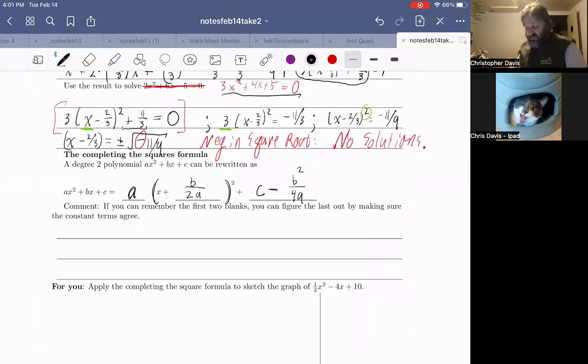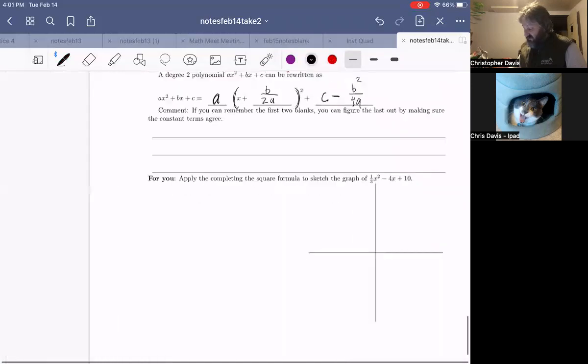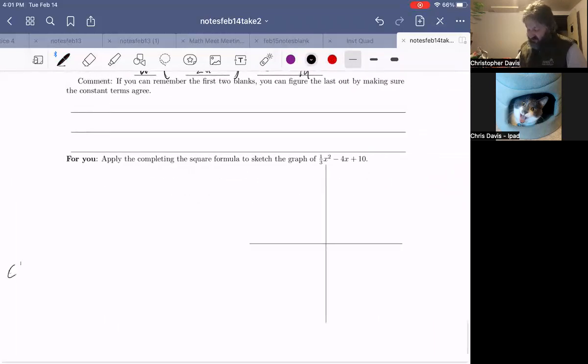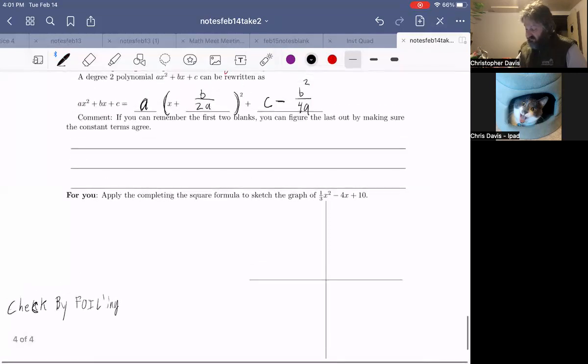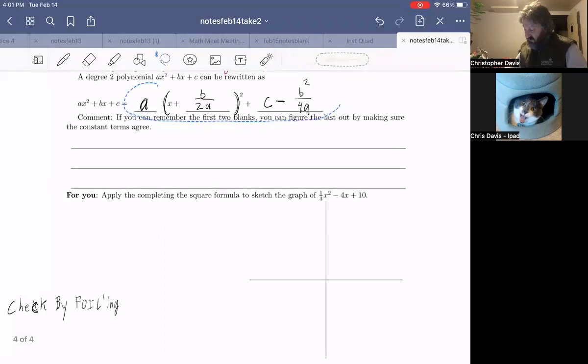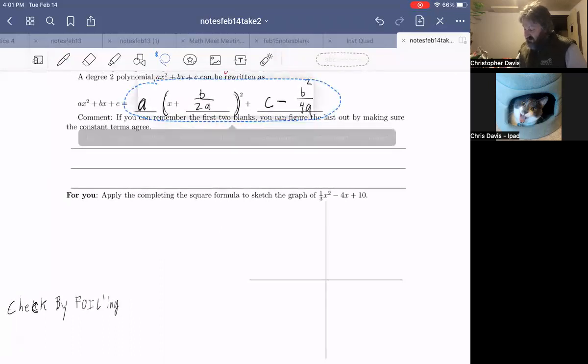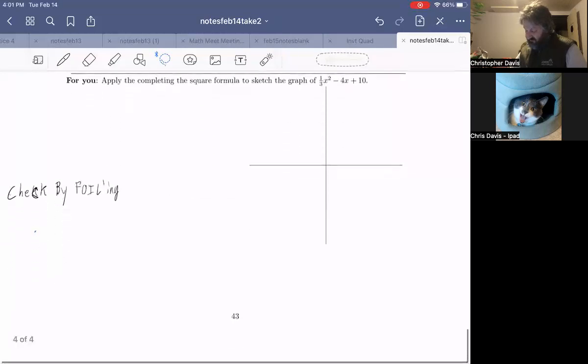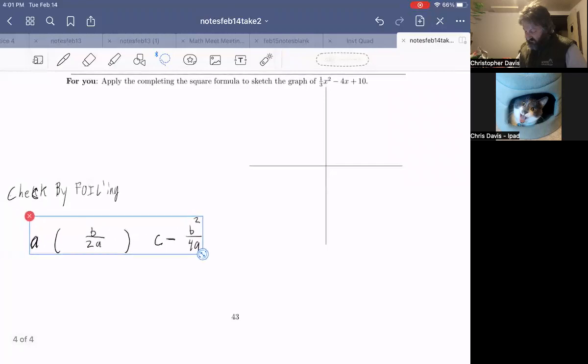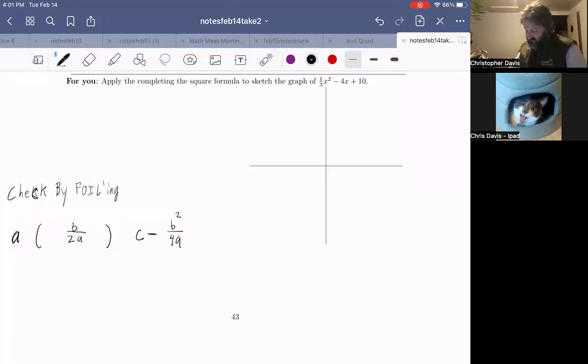So let's check this by foiling, and there's plenty of space right here. Check by foiling. So let's take this quantity and see what happens when we just expand it. It almost worked perfectly.